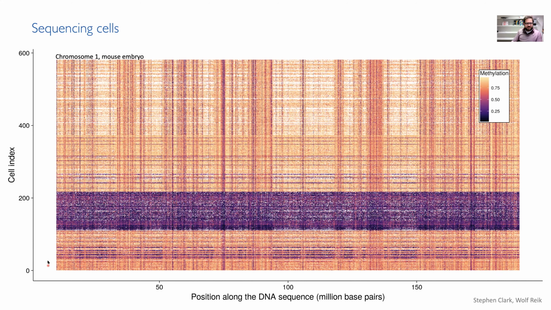On the y-axis, each row is a different cell. And for each of these cells that are taken from a mouse embryo, we can take these hugely high-dimensional measurements, in this case, a living embryo. Now, these are breakthroughs that happen in biology, but also similar breakthroughs with similar detail.